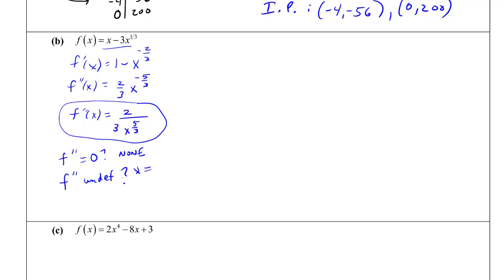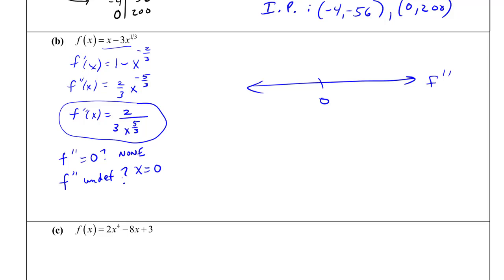So that's the point that we want to consider there as a second derivative being undefined point. Okay, so that's the only point that's going to go on our second derivative chart here.